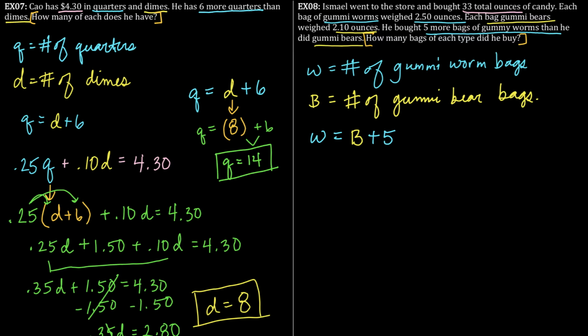We also know that 2.5 ounces times the number of gummy worm bags plus 2.1 ounces times the number of gummy bear bags will equal a total of, you know what, to make this work, I actually need this to be a different number.